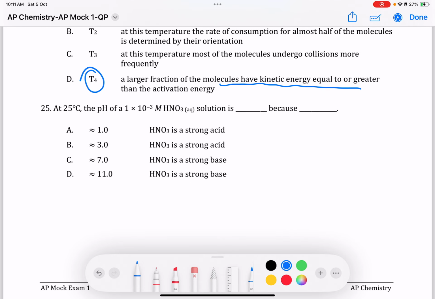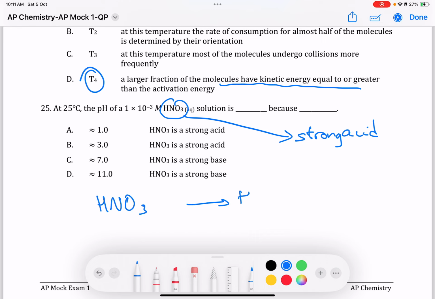Now another question, the pH of 1 times 10 to the power negative 3 nitric acid. This is a strong acid that will ionize completely, giving us H plus and NO3 minus.